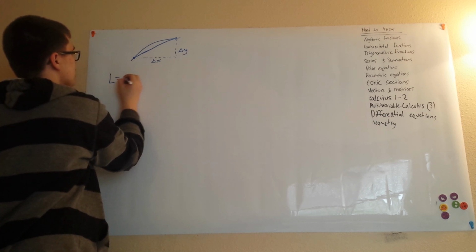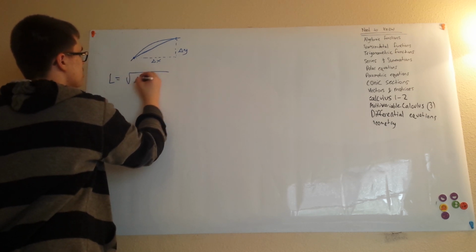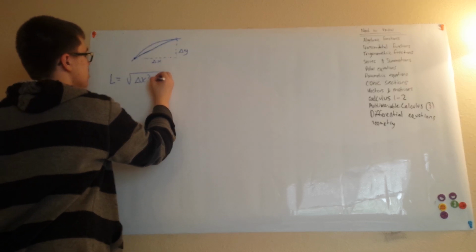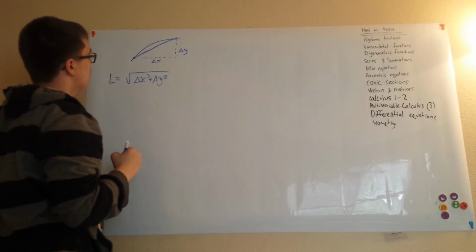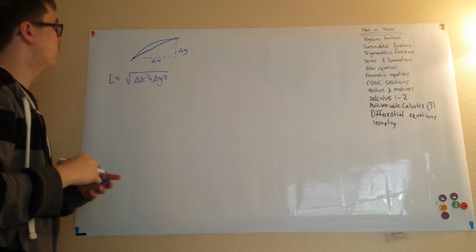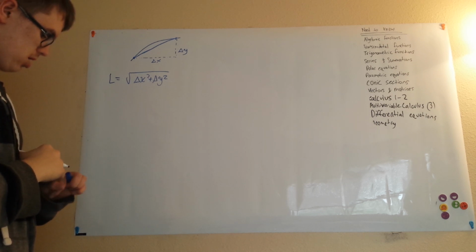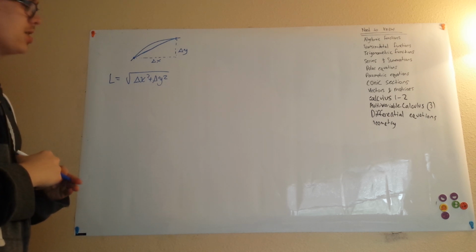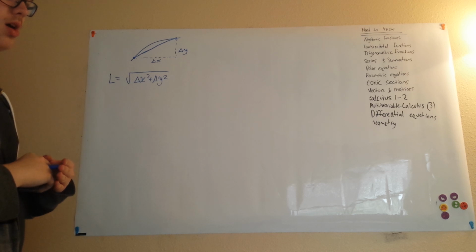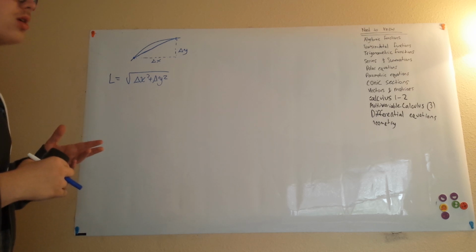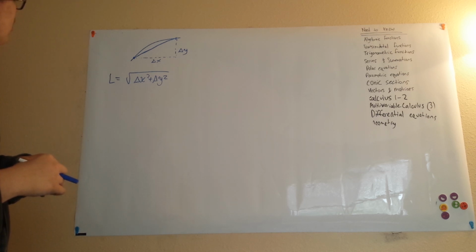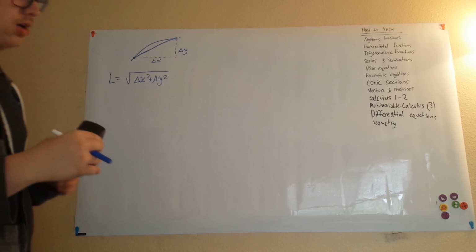Well, the length of my segment is the square root of these values, my delta x squared plus delta y squared. Isn't that the length?